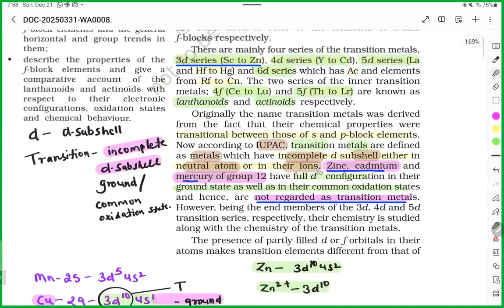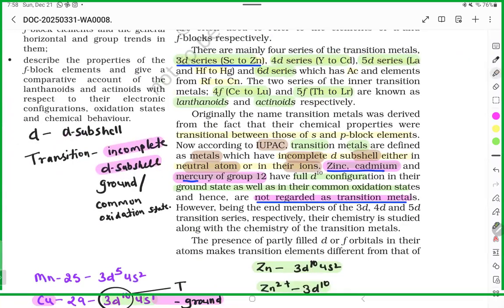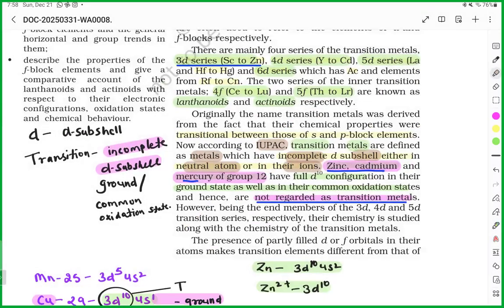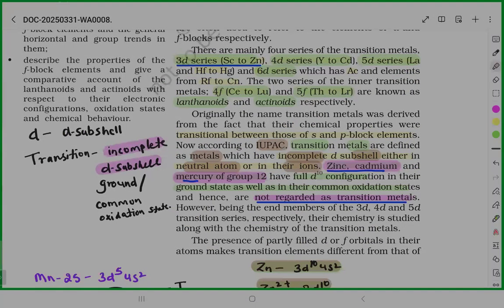Understood? Or any common oxidation state. When I said ion, I mean common ion, any ion. Understood? So zinc as an ion is still complete. In the ground state, it is complete. So you will say in both situations, it is not a transition element. Any doubt, guys?